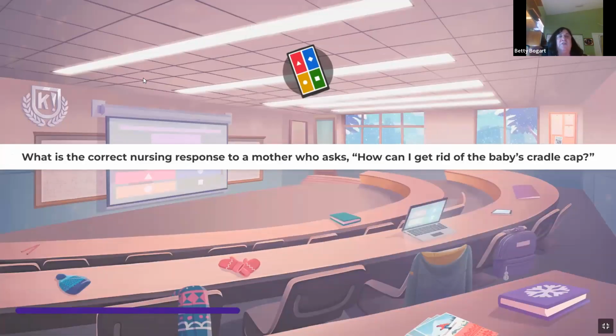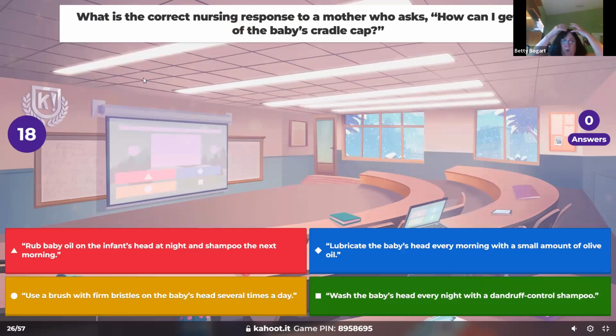What is the correct nursing response to a mother who asks, how can I get rid of the baby's cradle cap? So the baby's born with all of that flaking white stuff in their hair. You know, you want your little girls to be cute and put little ribbons and stuff, and they got all this flaking cradle cap up there.